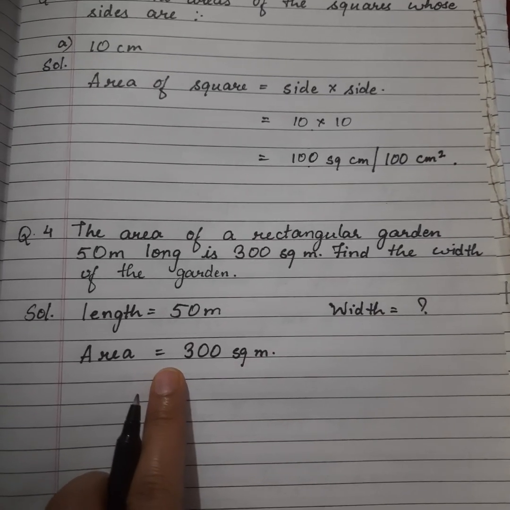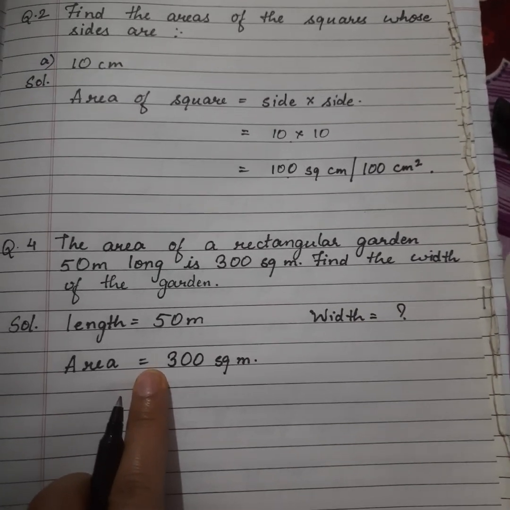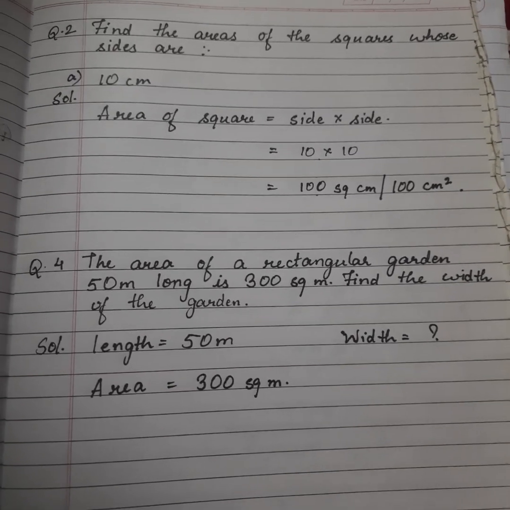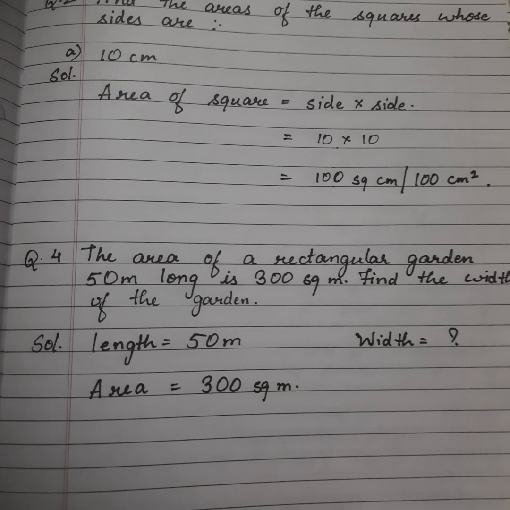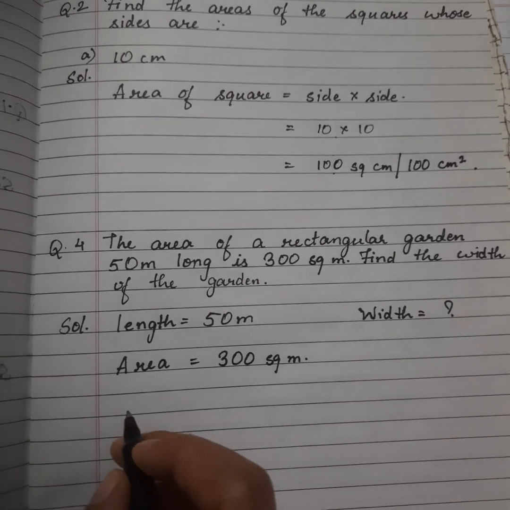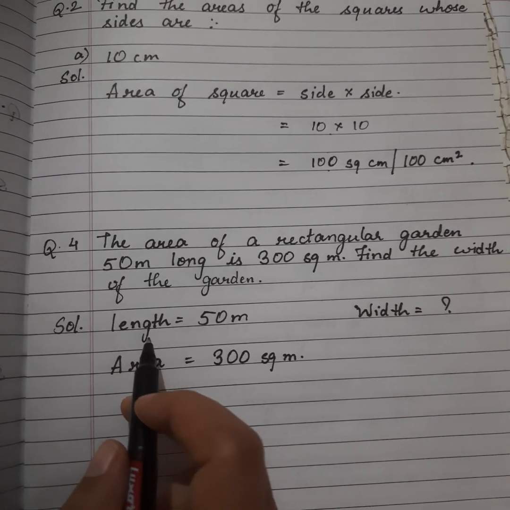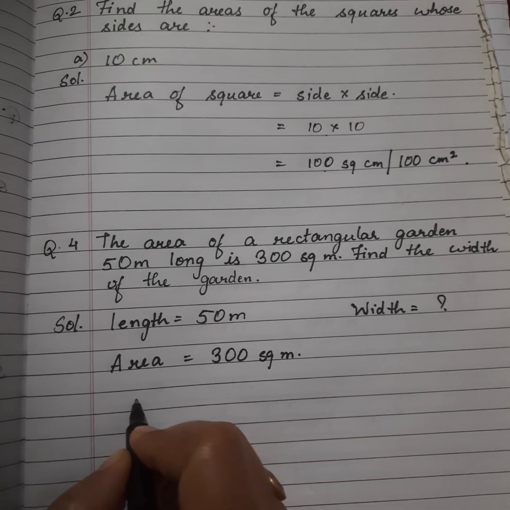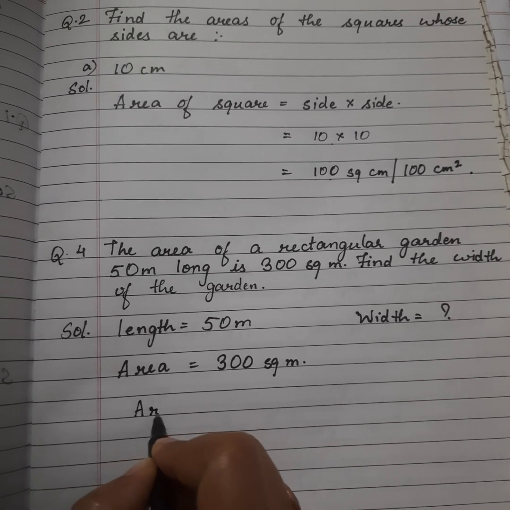So first we will write down the given of the question. Always remember, you are supposed to write down the given of the question. Then given I have written, length is given, area is given, and width we have to find. Now write down the formula.